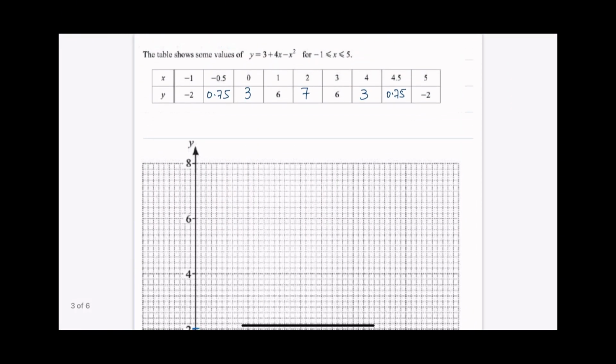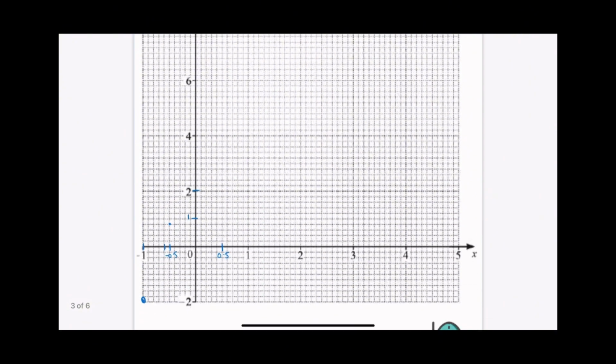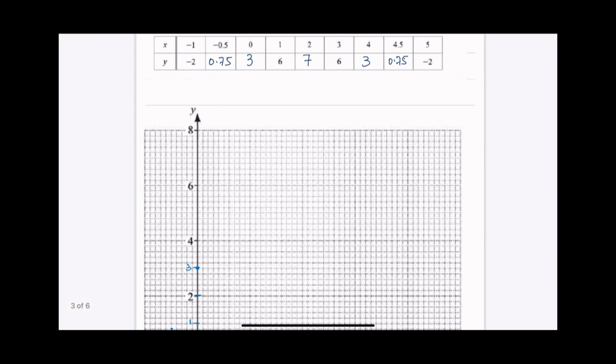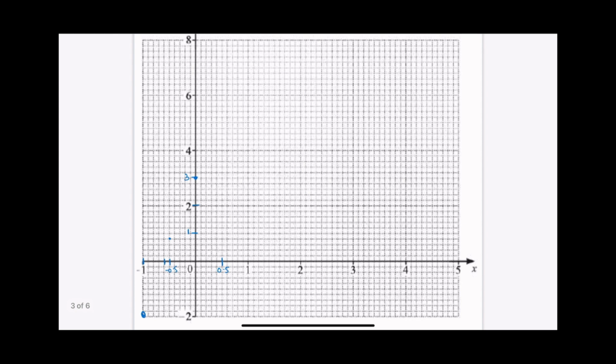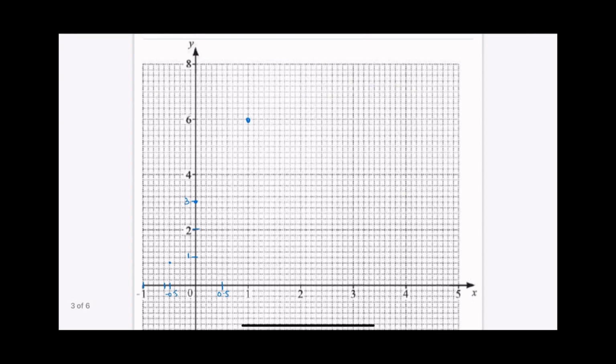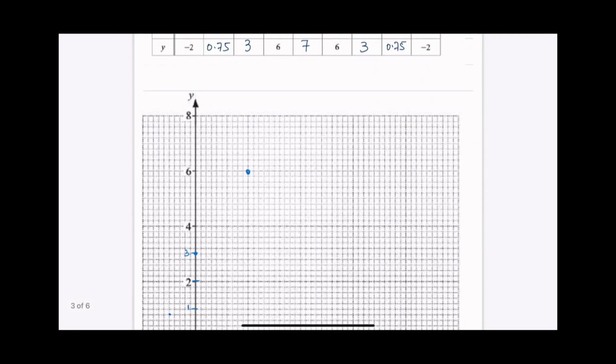Next, when x is 0, y is 3. This point here is 3. At x equals 1, y is going to be 6. This value. At 2, y is going to be 7 here.